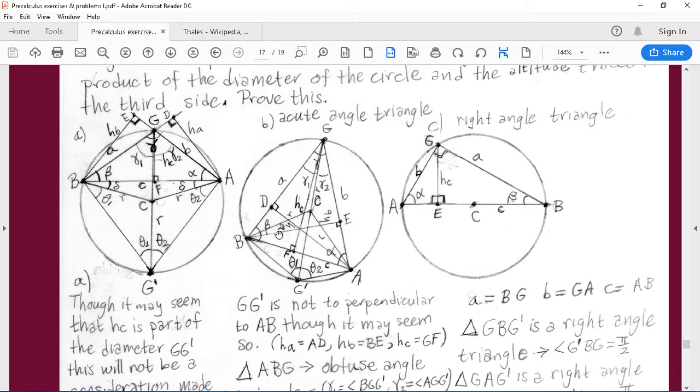Which means that beta minus pi halves plus theta 1 equals alpha minus pi halves plus theta 2.